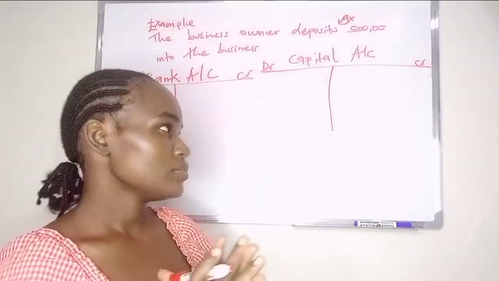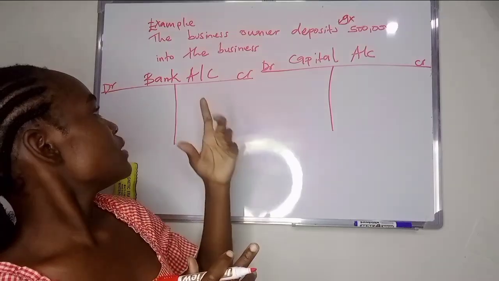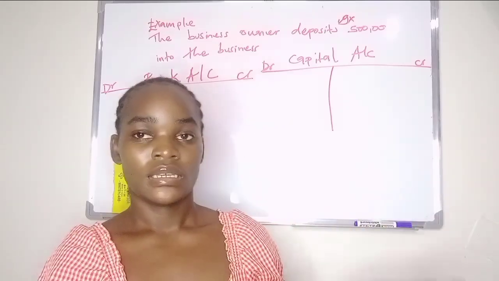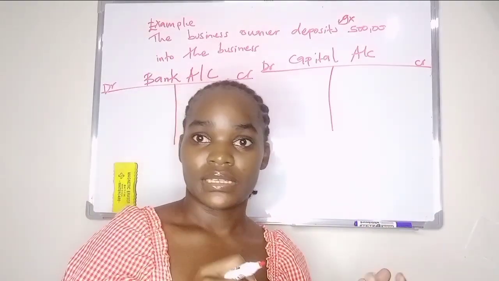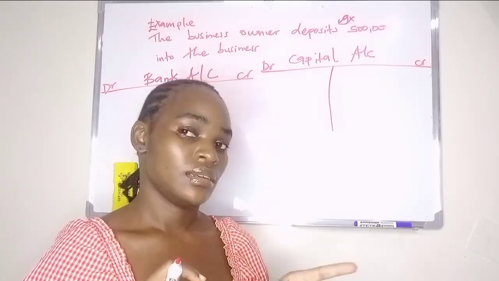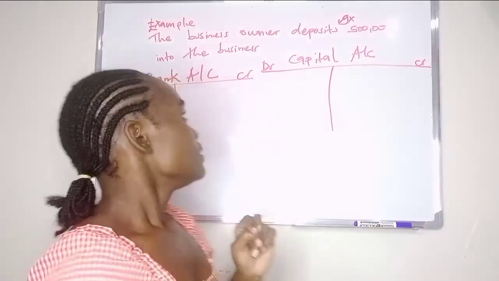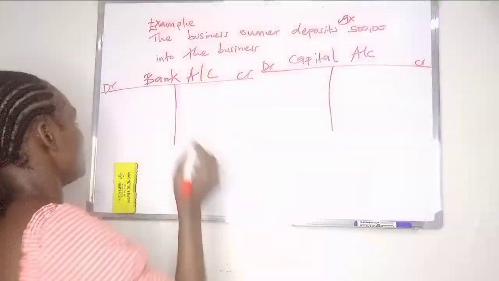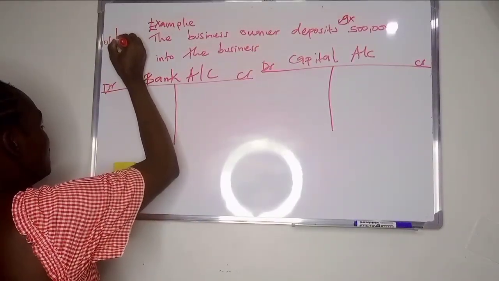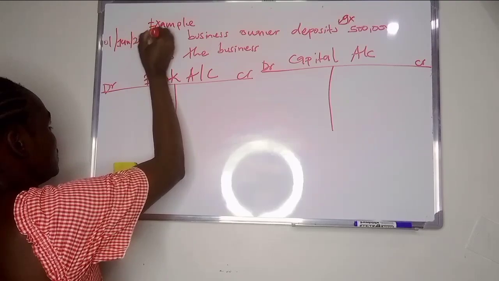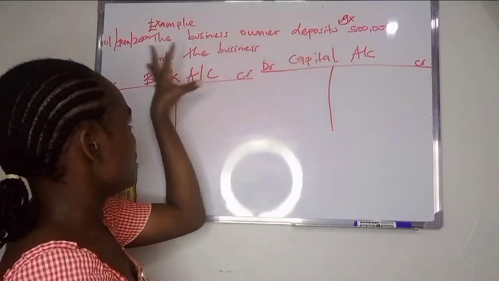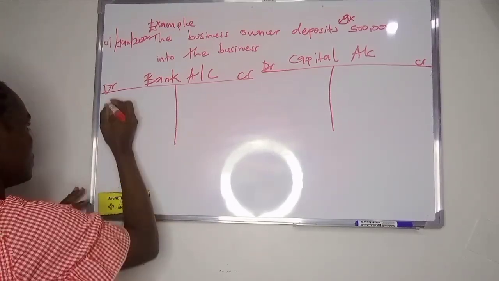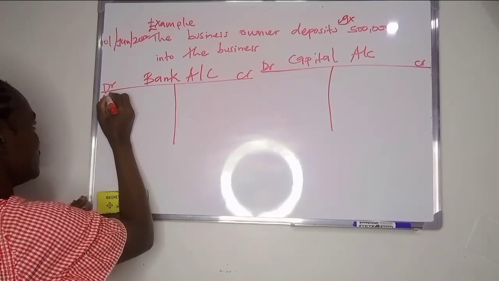So here they deposited 500. So the money in the bank is increasing. Bank is a current asset, and assets increase by debiting. So here, let me say, in case they give us a date, maybe 1st Jan 2020, the business owner deposits 500 into the bank. So here we come on the debit side. We say 1st Jan.